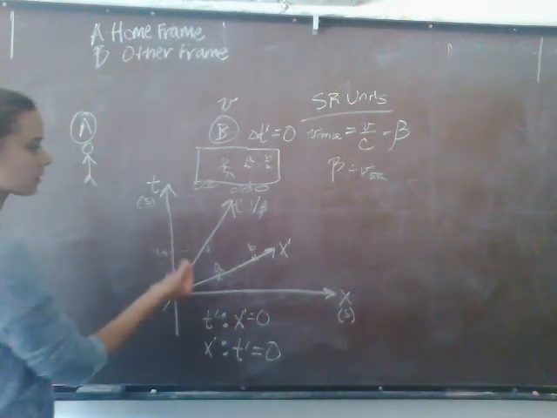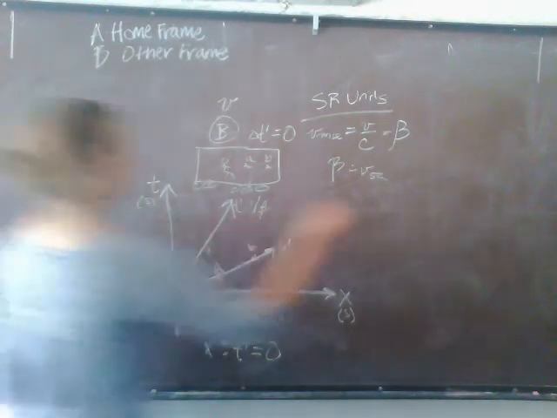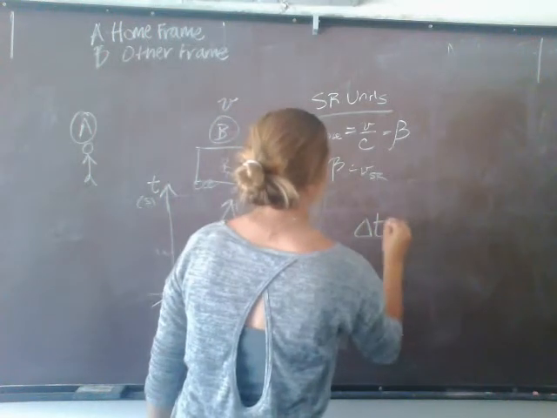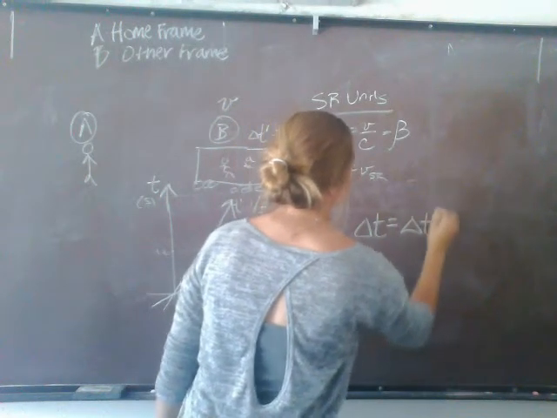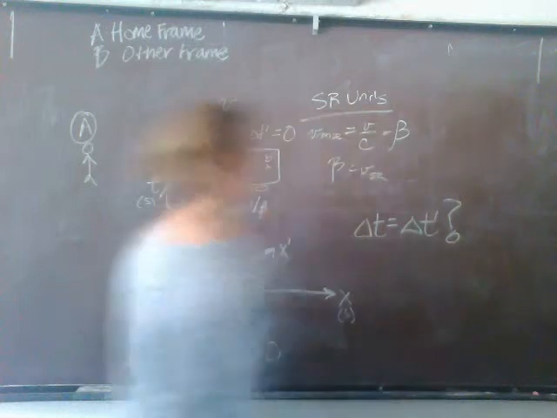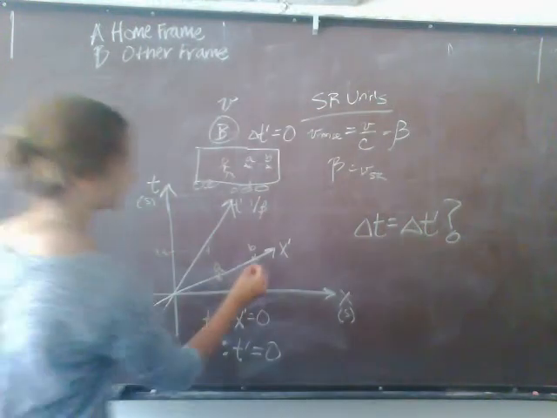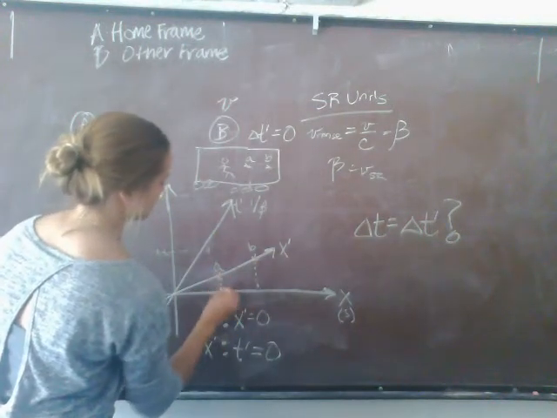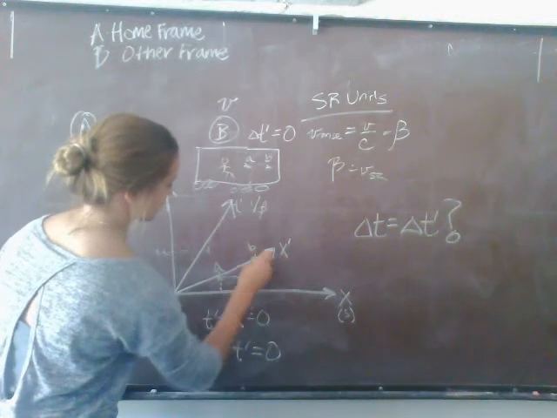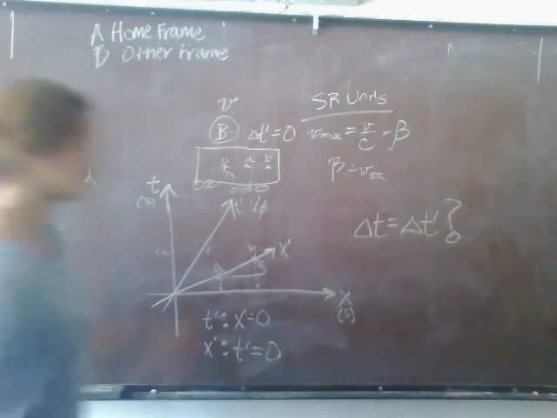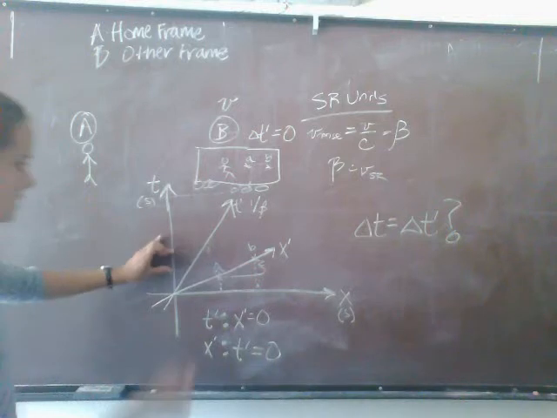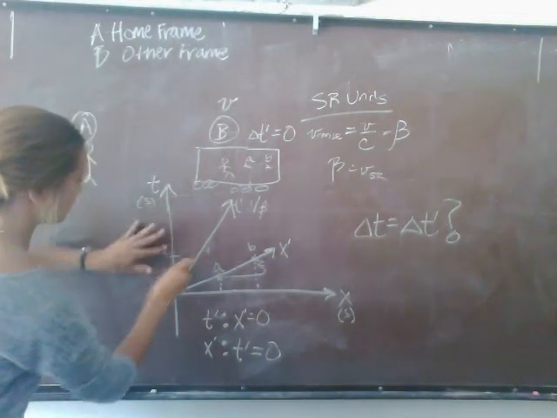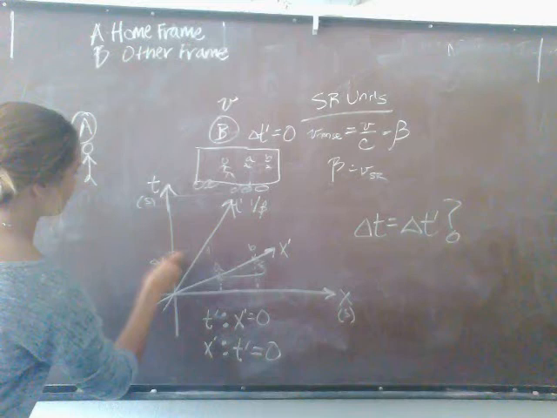Now, basically our question is, does delta t equal delta t prime? Well, looking at this graph, we see a distance here, we see a distance here. What is this difference in distance? That's going to be our delta t.